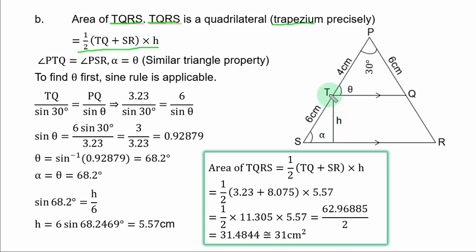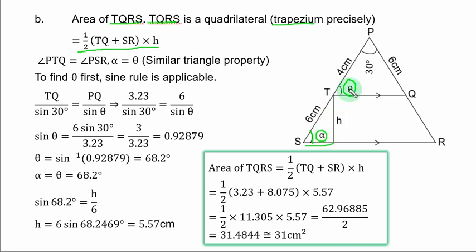So already we know TS. For us to get the height, since this length is unknown, you have to get this angle. Now, by properties of similar triangles, you cannot get this angle until you get this angle, because both angles are equal.